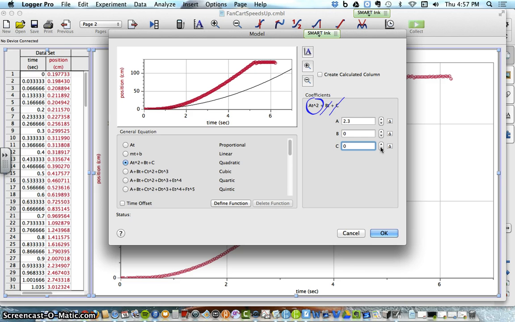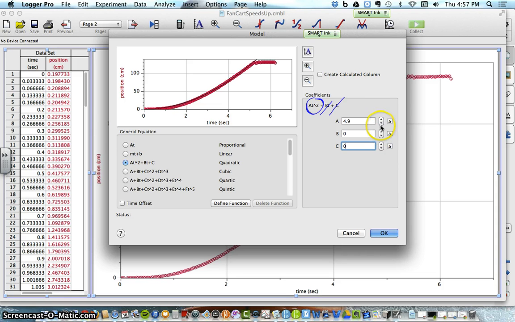So let's see if that's close. What you'll find is right about there, maybe a little less. It looks like I have a pretty good fit of my data. Maybe I want to play with these numbers a little bit so that it fits a little better.